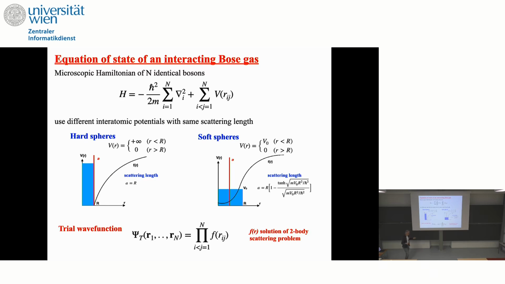And so you avoid the problem of having, for example, even if you solve the soft spheres problem, a discontinuity in the calculation of the potential energy every time two particles go from having a relative distance larger than capital R to smaller than capital R. While if you use the solution of the two-body problem, your local energy is flat, okay? Because it's the solution of the two-body problem.